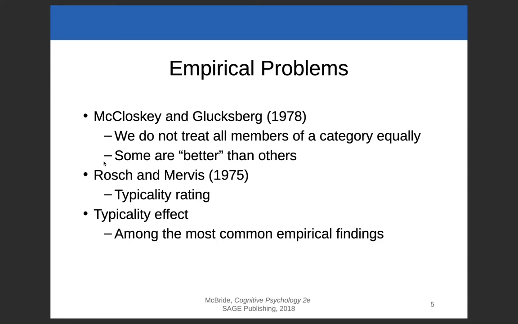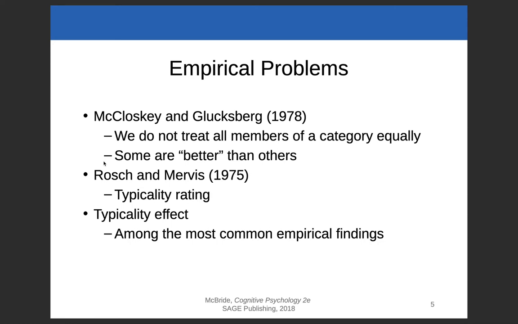Following up related to this topic is the work of Rosch and Mervis, where they did work on typicality ratings. They gave people lists of things that belonged in particular categories, like furniture, birds, games, and had them rate how typical each object is of the category.